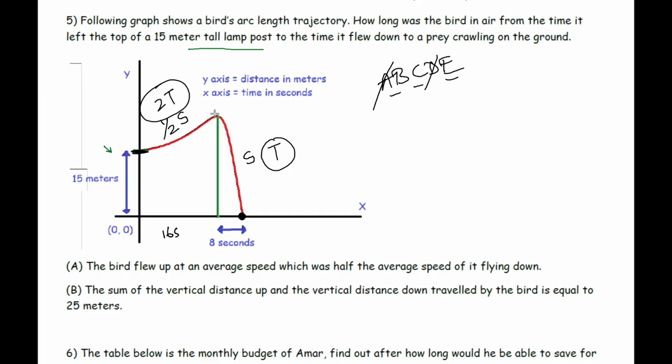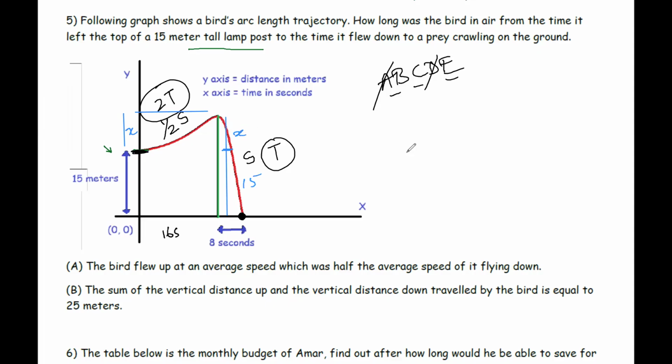If this entire green portion is the vertical distance, we can assume this is 15 and let's say this is x. So this is also x and this is 15.